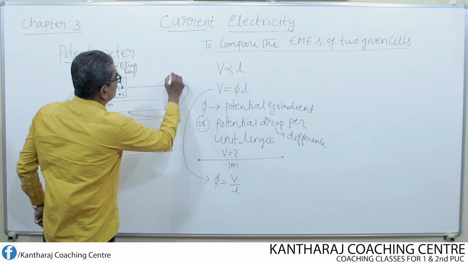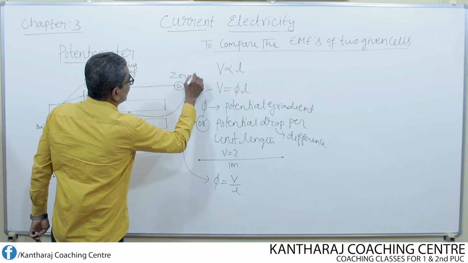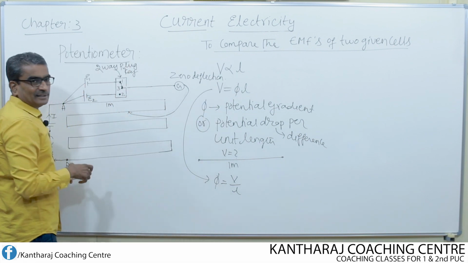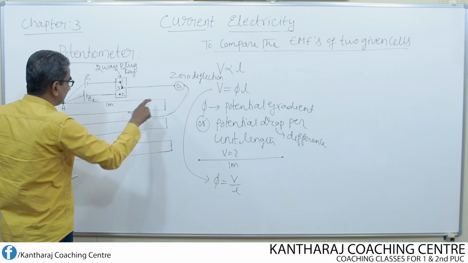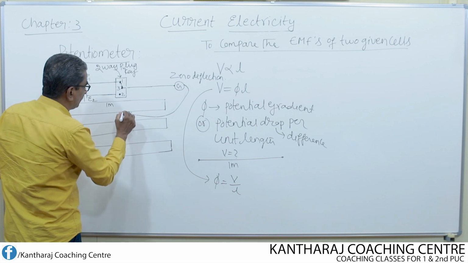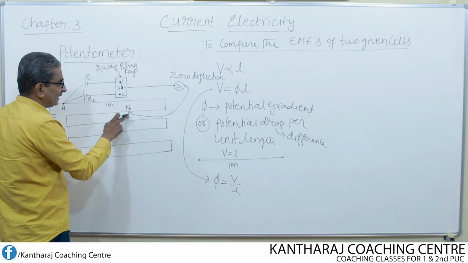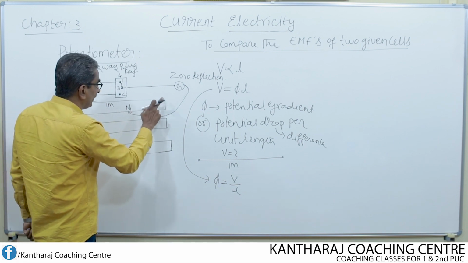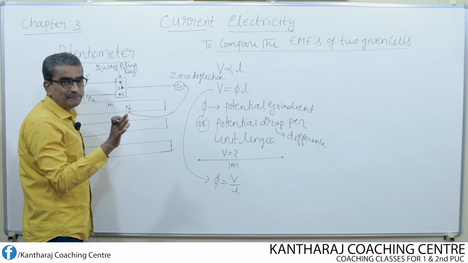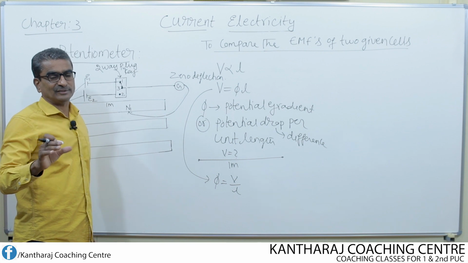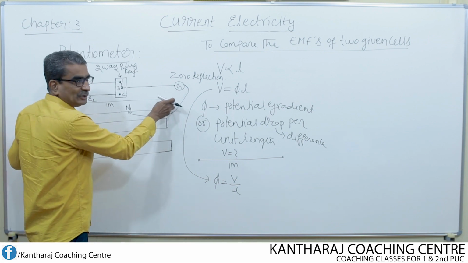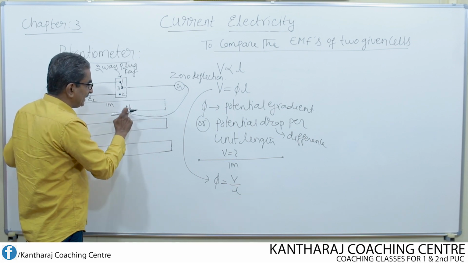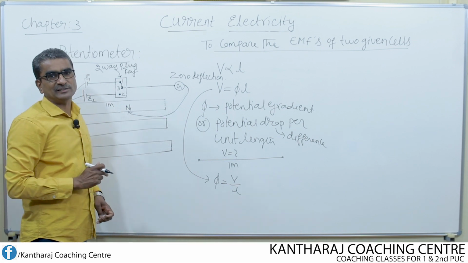I mark this point as N1, the zero deflection or null deflection point. This length of wire plus this length becomes the balancing length. This length is already equal to 1 meter, so 1 meter plus this extra length will become the balancing length.